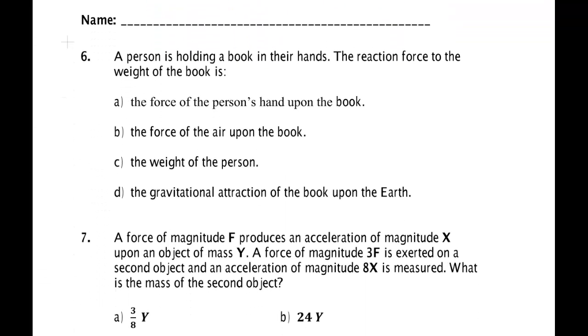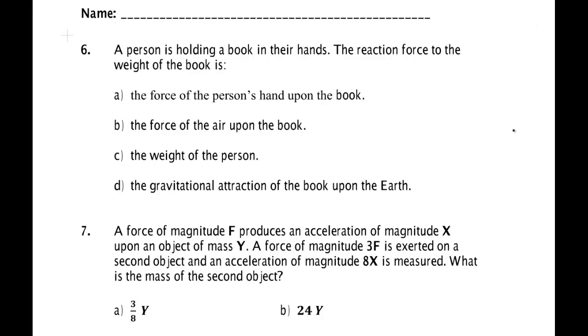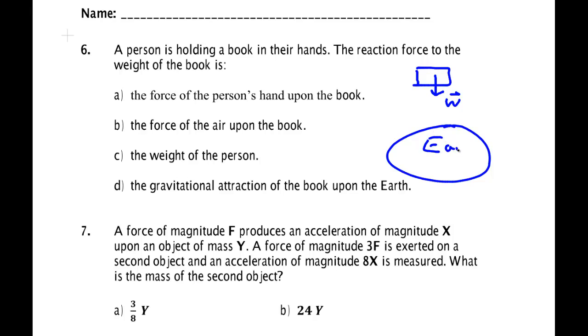Number 6. A person is holding a book in their hands. The reaction force to the weight of the book is... Now let's go back and think about this. So the book has a weight. Who's applying that weight? The earth is pulling on the book with the weight.